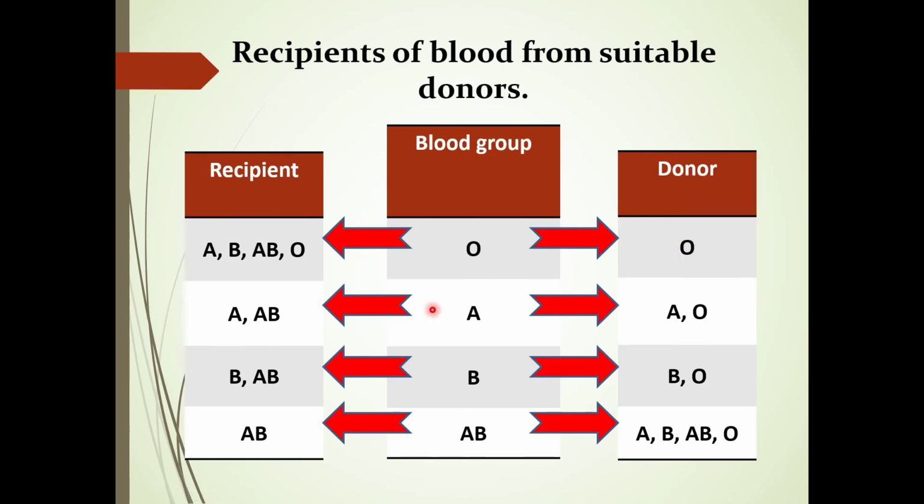Blood group A can donate blood to A and AB, but they can only accept from A and also O. For B, they can donate the blood to B and AB, but they can accept blood from B and O. For AB, they can only donate the blood to AB only, but they can accept blood from A, B, AB and O.